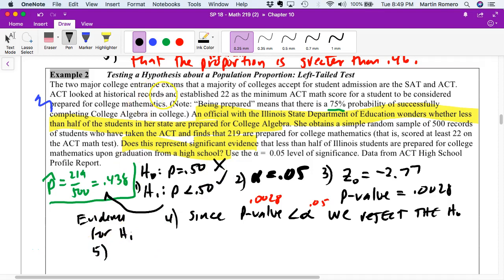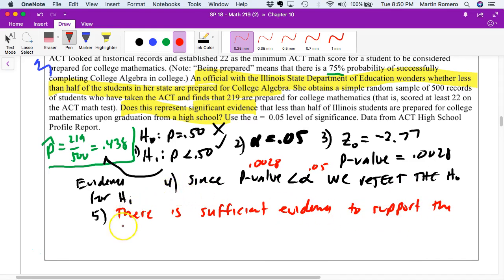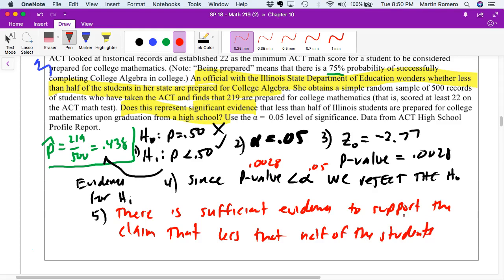Step 5, put the conclusion. The conclusion here is going to be there is sufficient evidence to support the claim that less than half the students are prepared for college math.